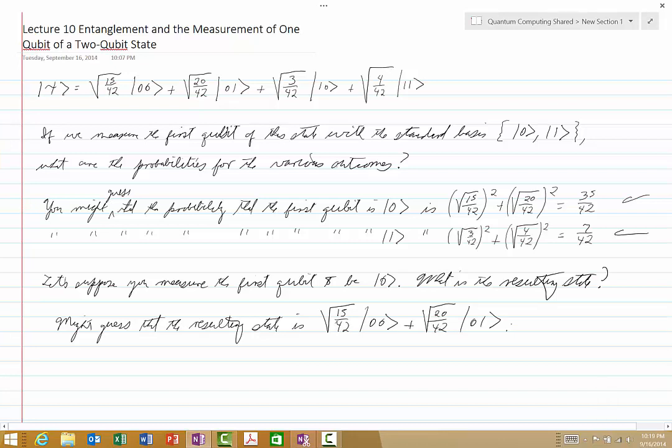And this is not too far off, but this is not a state, because it does not have magnitude 1.